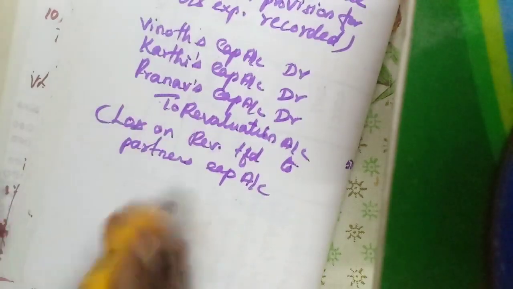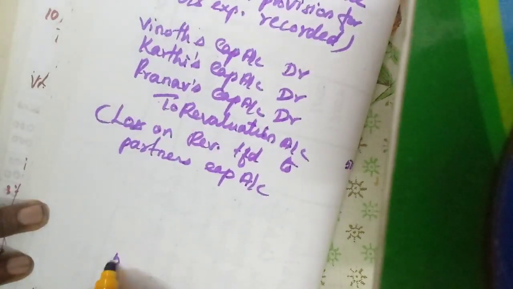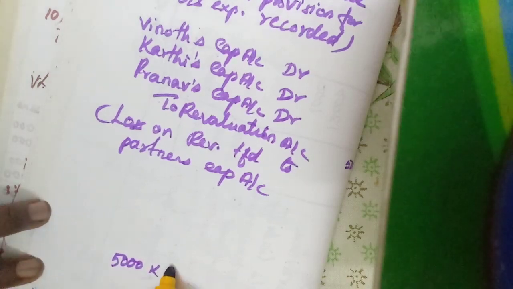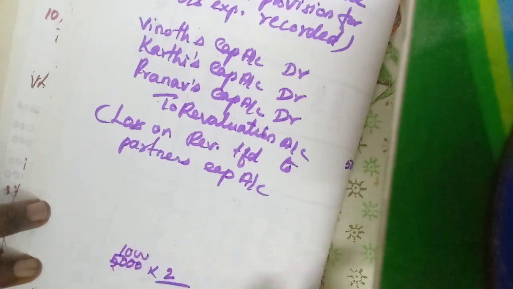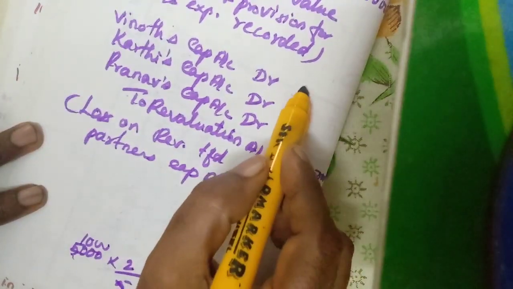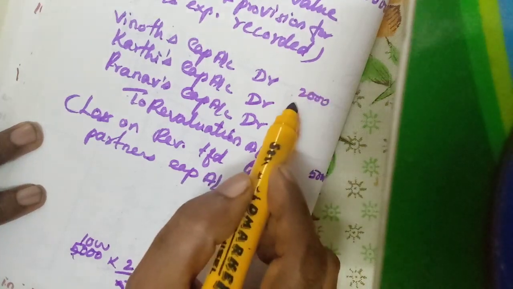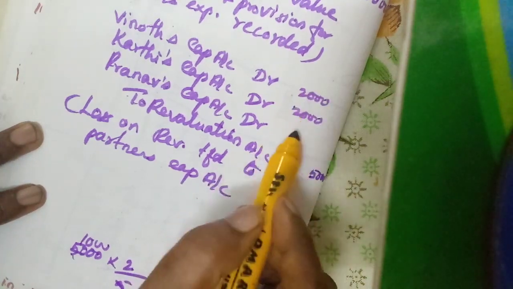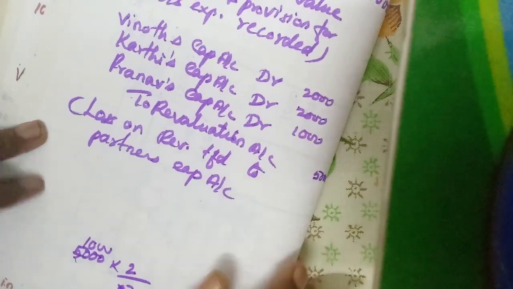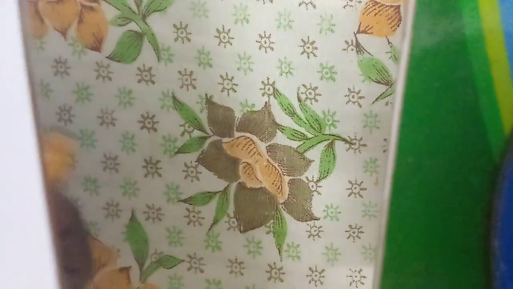We need to divide this one in the ratio. Old ratio 2:2:1. So 2 by 5, 15,000. 1,000 means 2,000. Again 2,000. 1,000.